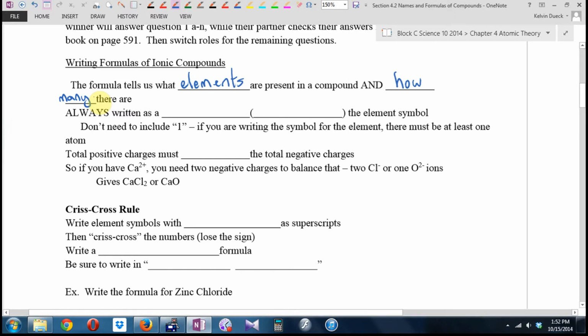The number of each type of element is always written as a subscript. That's a fancy word for the number that goes below a letter, right? It's always written as a subscript.